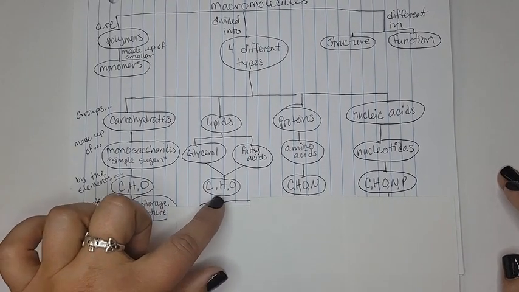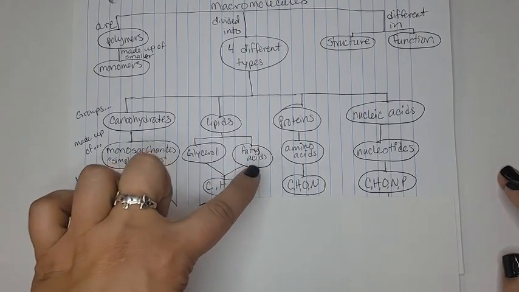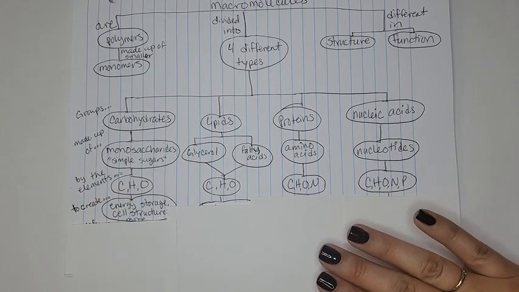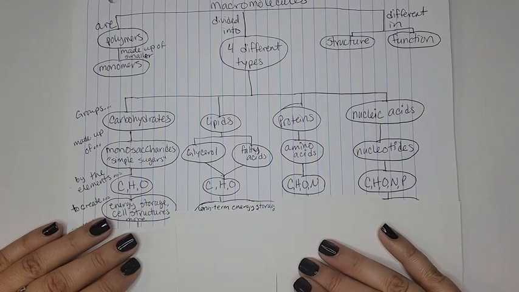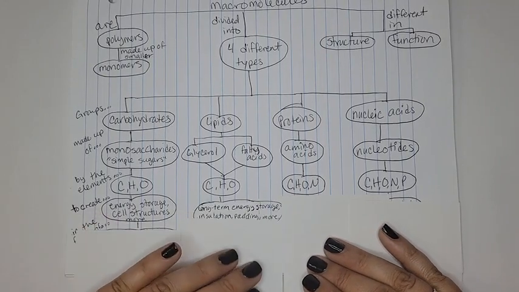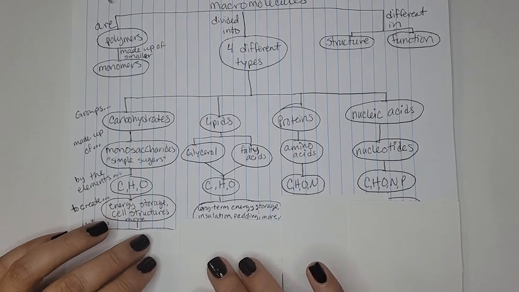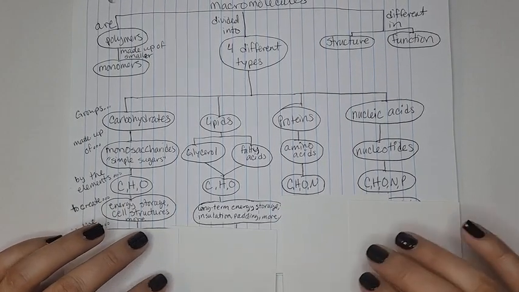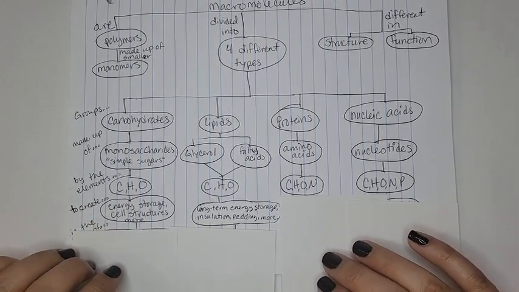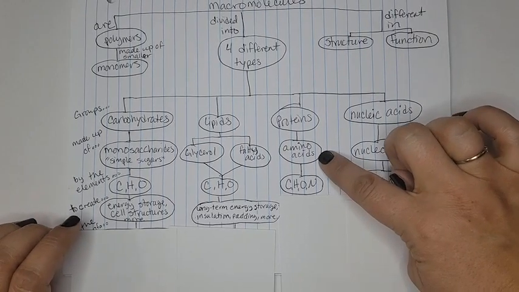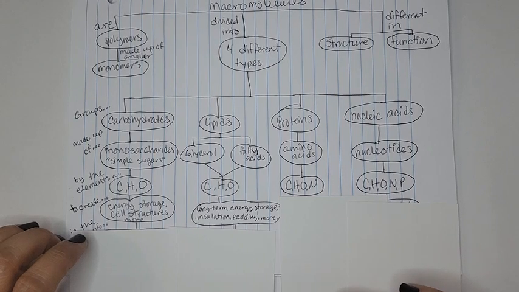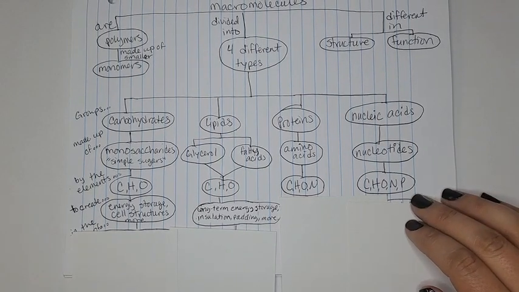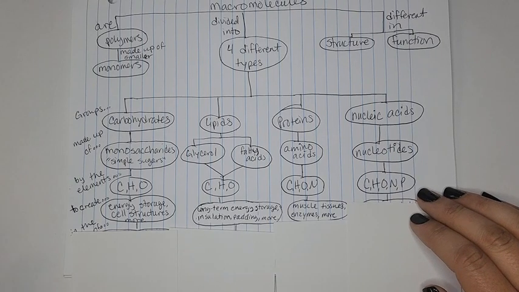Lipids are created by glycerol and fatty acids through the elements carbon, hydrogen, and oxygen to create long-term energy storage, insulation, padding, and so much more for life. Proteins are made up of amino acids by the elements carbon, hydrogen, oxygen, and nitrogen to create muscle tissues, enzymes, and more.